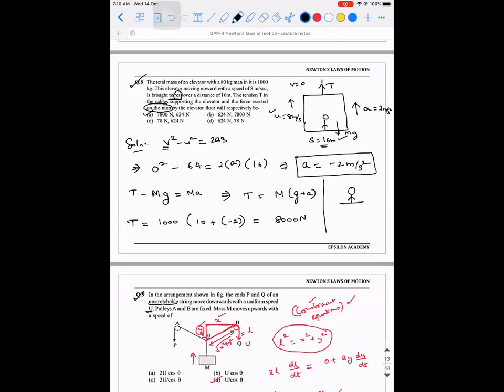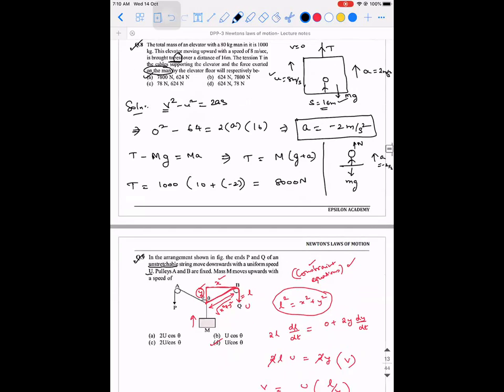What are all the forces acting on him? Tell me. So mg is acting downwards. There will be a normal force acting in the upward direction. Right? And the lift is also accelerating with 2 meters. So actually, it is minus 2 meters per second square. Have that in your mind.